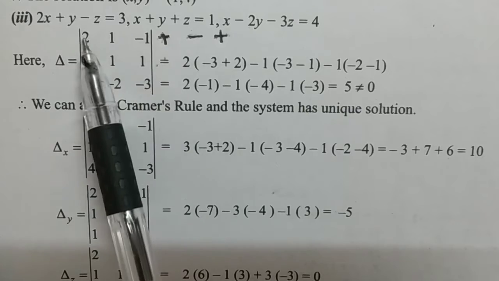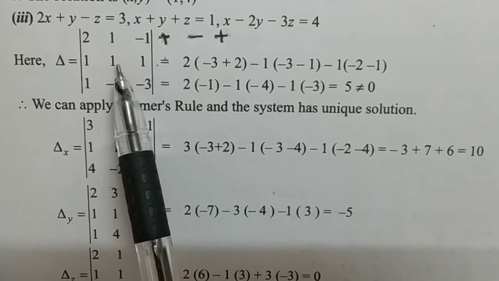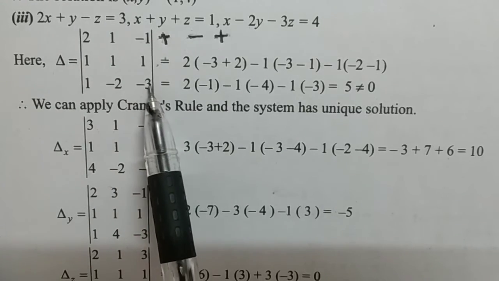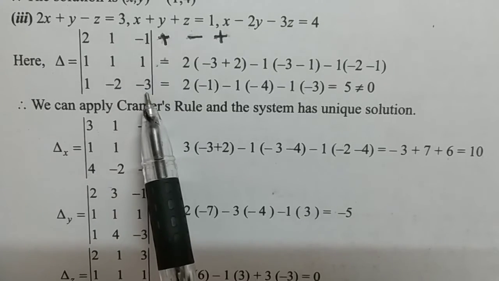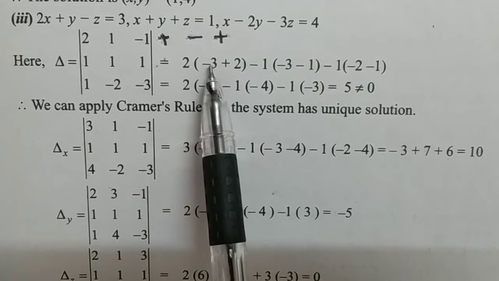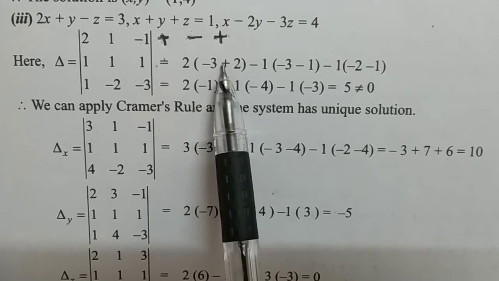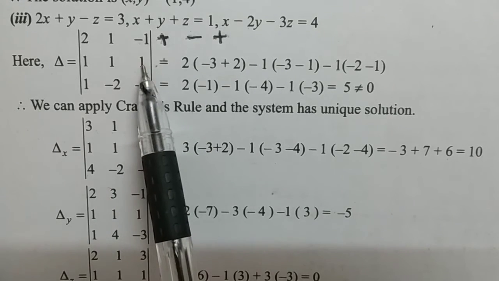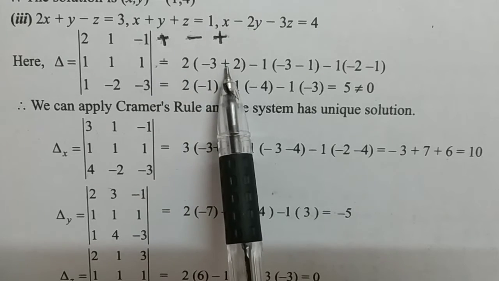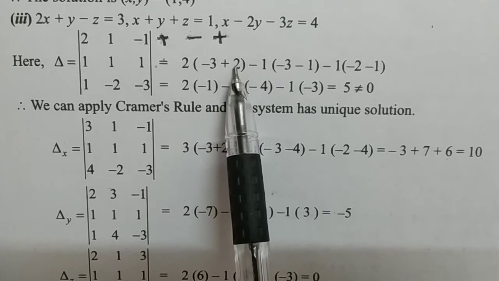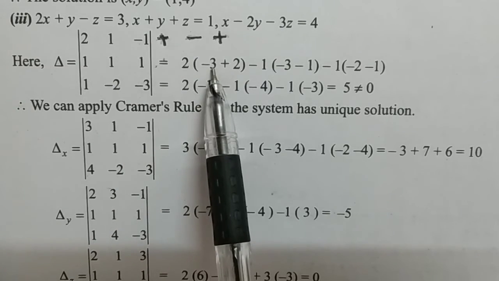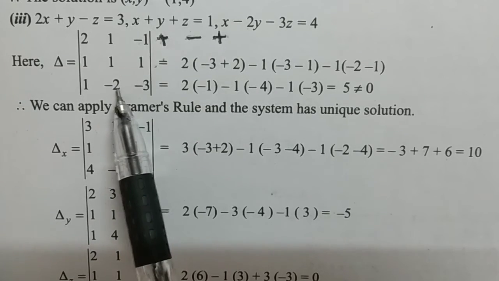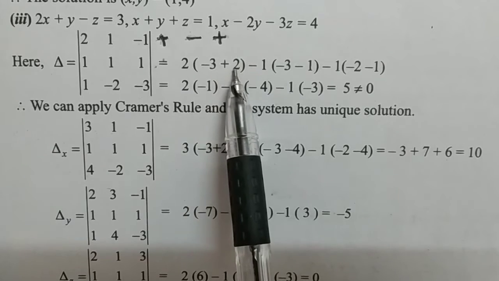The diagonal elements are 1 and minus 3: 1 into minus 3 is minus 3. Minus of minus 2 into 1 gives plus 2. So we get minus 3 plus 2.